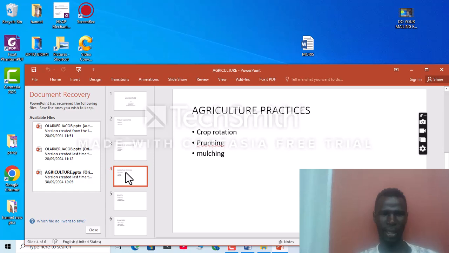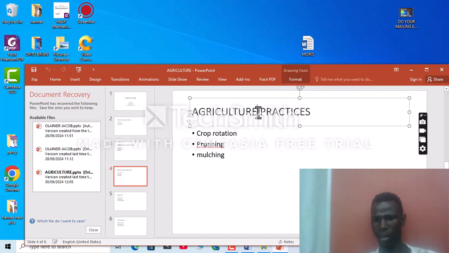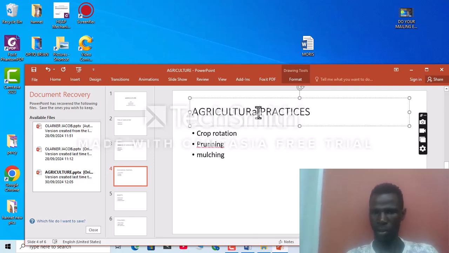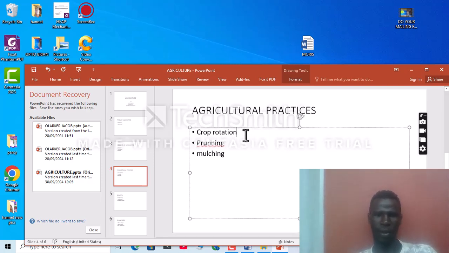And then in the fourth slide, we have the agricultural practices. But here I will correct, because I've put agricultural, sorry, in lowercase, so let me capitalize: Agricultural Practices. With agricultural practices, we have crop rotation, pruning and mulching.